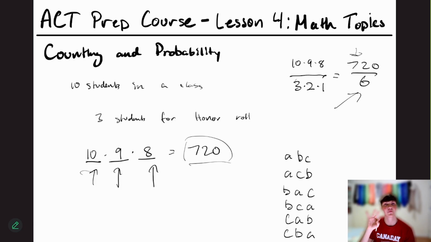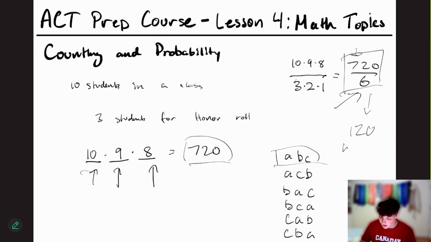So every set of 3 students we picked has 6 equal combinations. So we have to divide out this double counting, not double counting, sextuple counting, because we repeated it 6 times. So we divide 720 by 6, and that gives us 120 honor rolls, I guess. 120 distinct honor rolls that the teacher could give out.